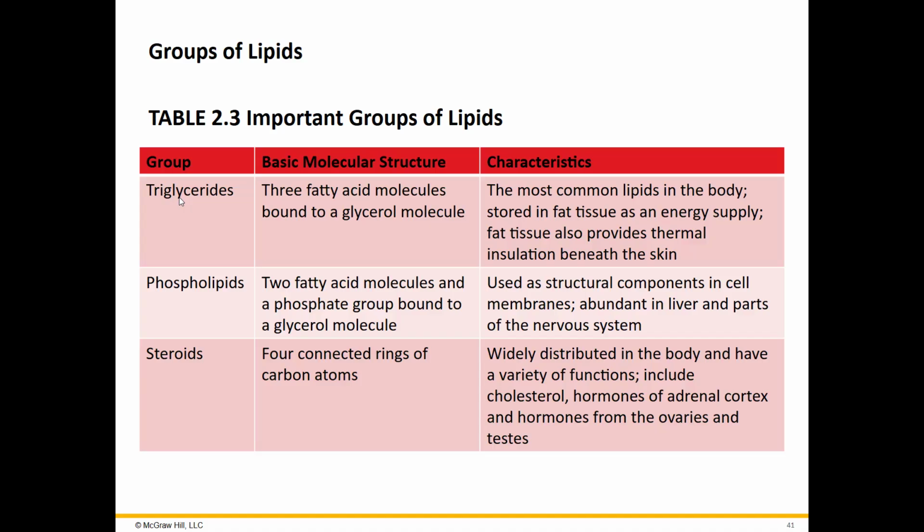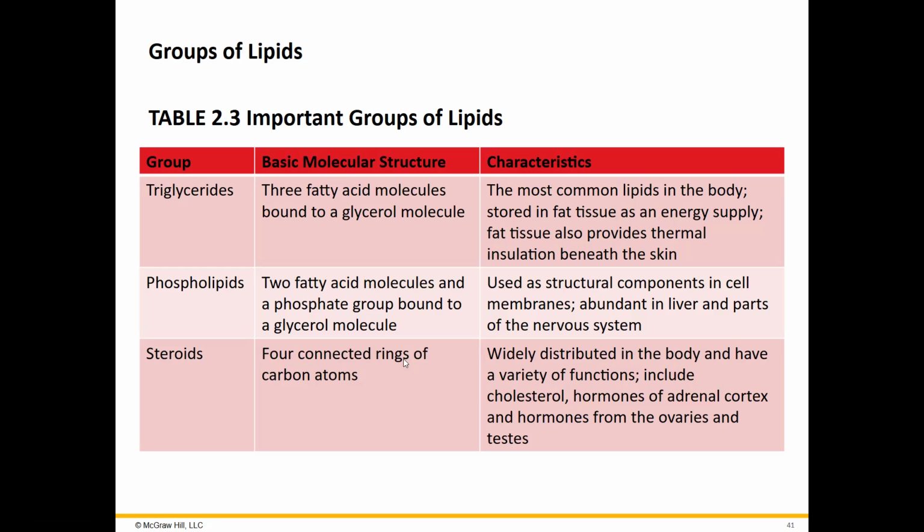Now, if you take a triglyceride and you add a phosphate group, it's a phospholipid, used in the structural components of cells because one side's hydrophilic, one side's hydrophobic. It forms a double layer that creates a watertight barrier, creating your membrane, yeah? It's abundant in the liver, parts of the nervous system. Wherever fat is used for structure, it is a phospholipid.